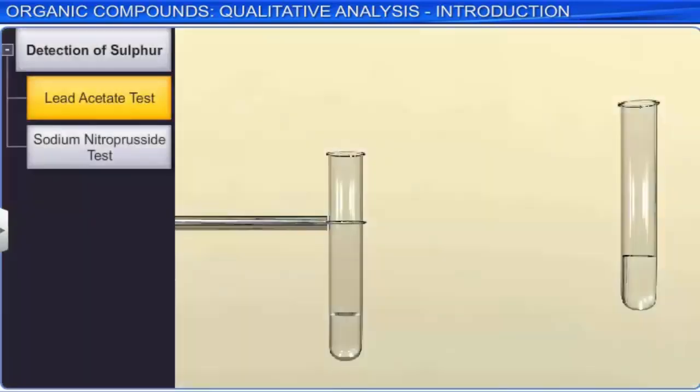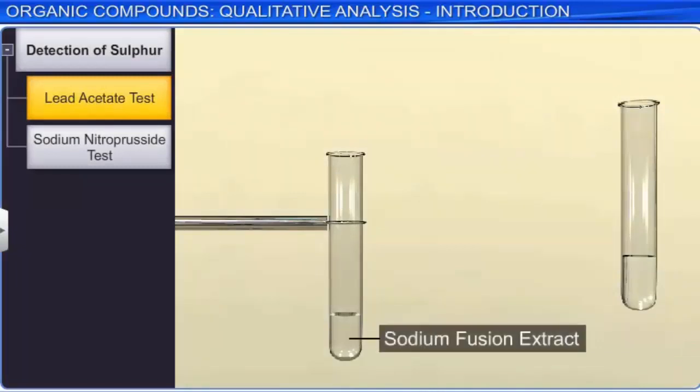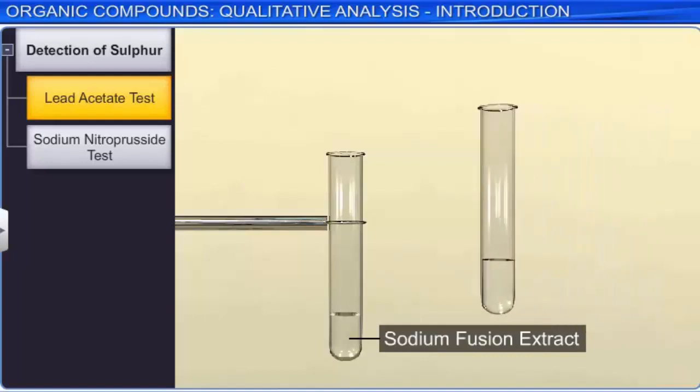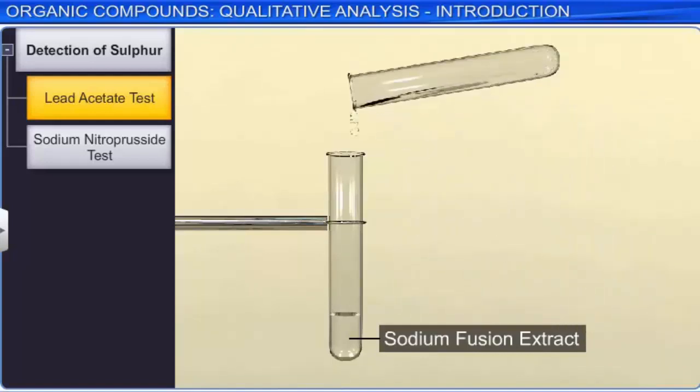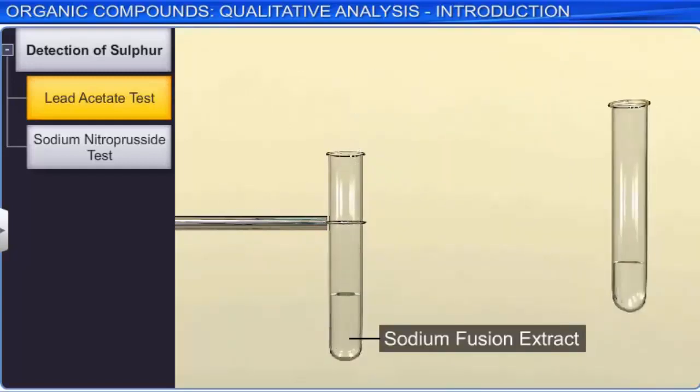In the lead acetate test, sodium fusion extract is first acidified with acetic acid and later lead acetate solution is added to this mixture.